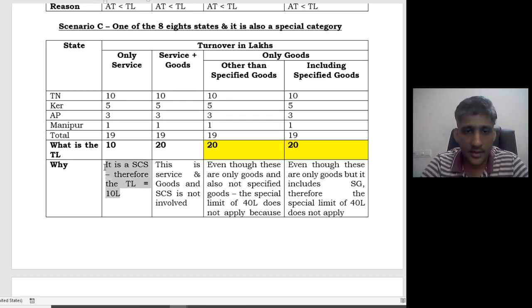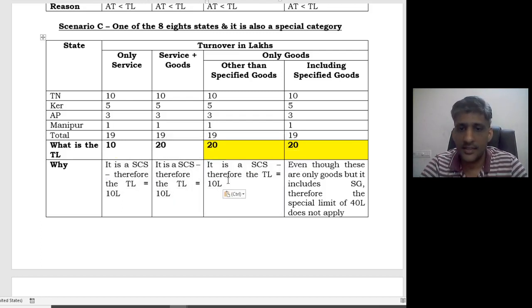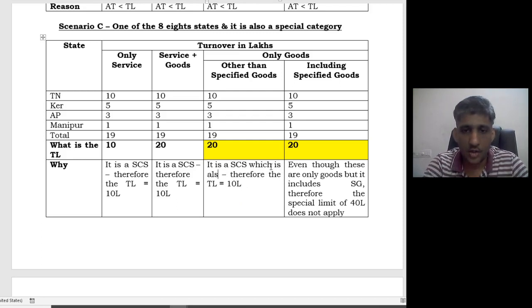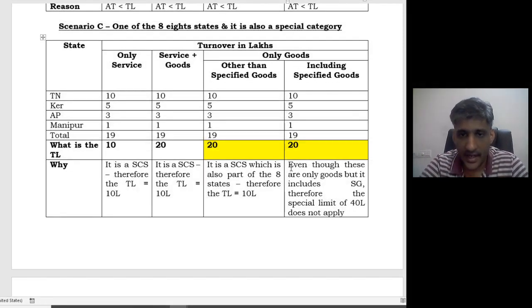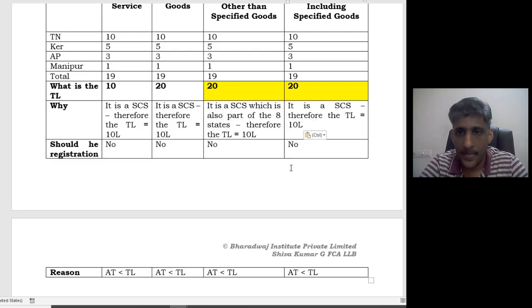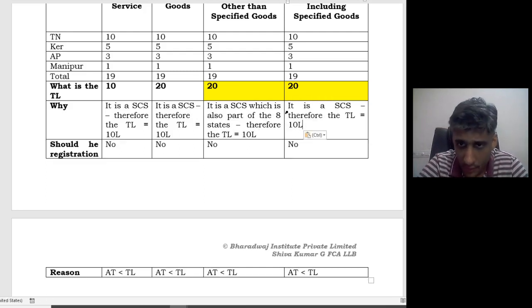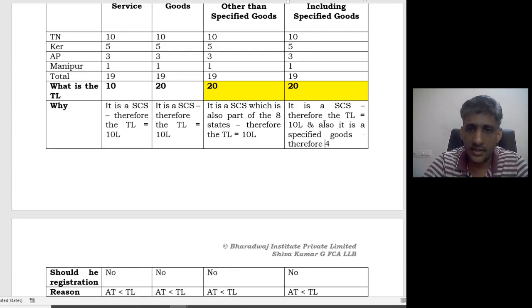Same concept here. It is a special category state which is also part of the 8 states, and therefore the turnover limit is 10 lakhs. Here again it's a special category state, therefore 10 lakhs, and also it is specified goods, therefore 40 lakhs is not applicable.